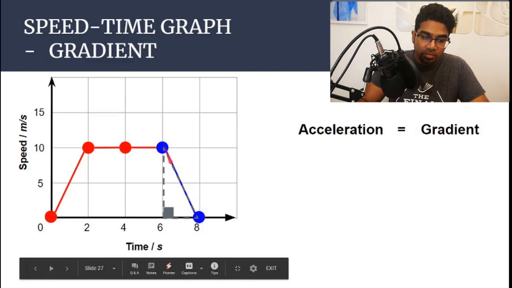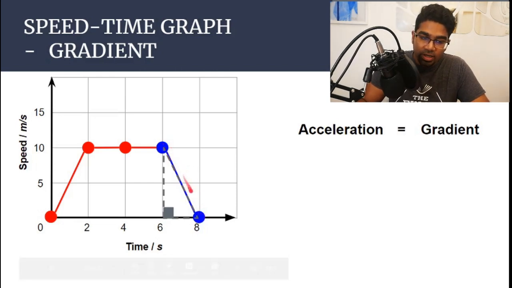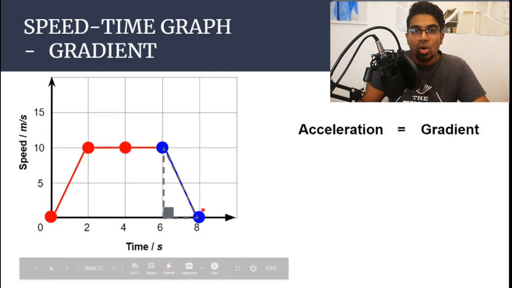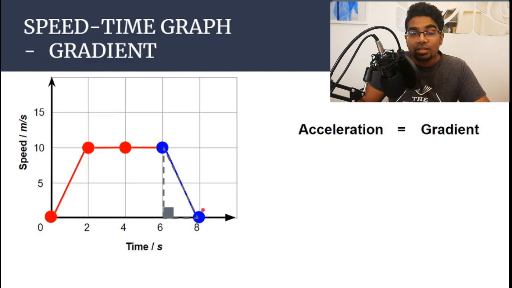And so whenever we have a negative slope, when we have a negative gradient, it means that the car is slowing down. The object is slowing down. And a motion where an object is slowing down is known as deceleration or negative acceleration. It means the same thing. So it basically means the object is slowing down.